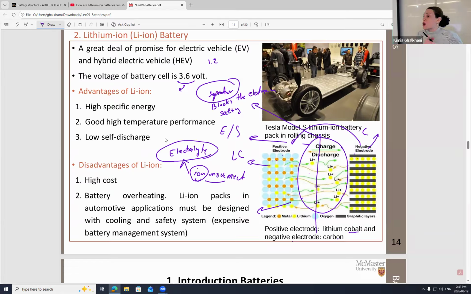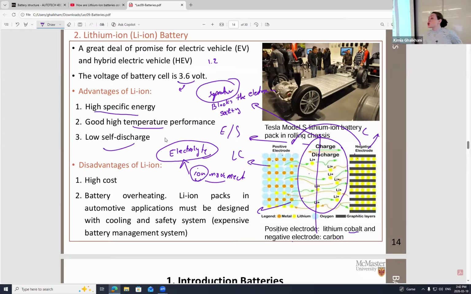Also, lithium-ion batteries do have the concern of going through explosion because they are very sensitive to high temperature, and they can cause, for example, fire because of the speed of chemical reaction inside the battery. But still, they do have high specific energy, and at high temperature, they can still have great performance if we are considering all the conditions.